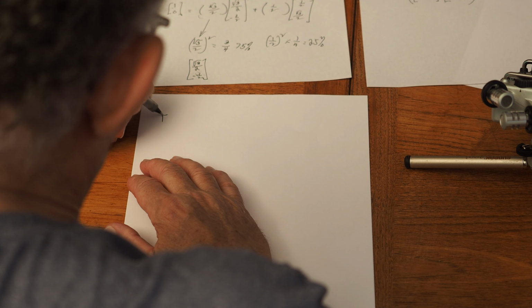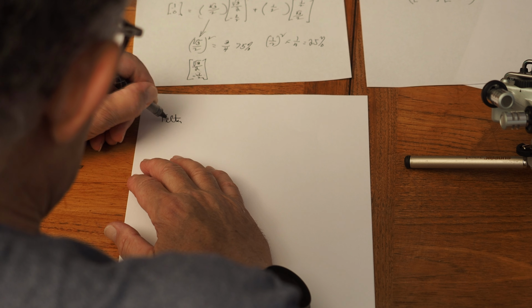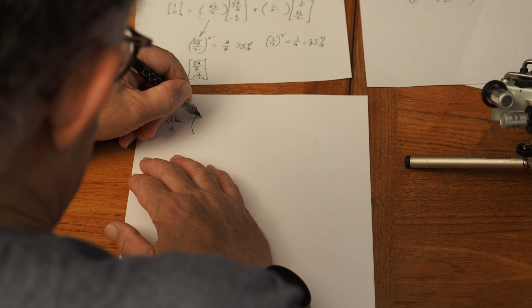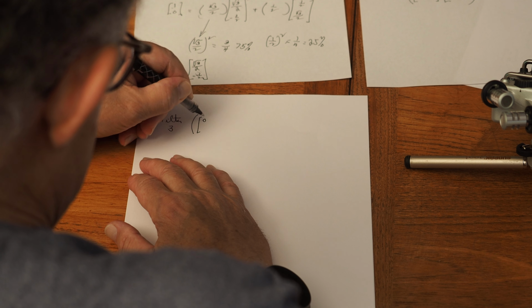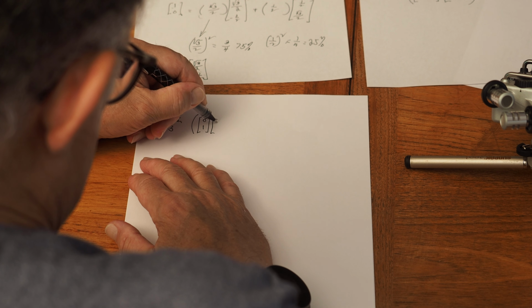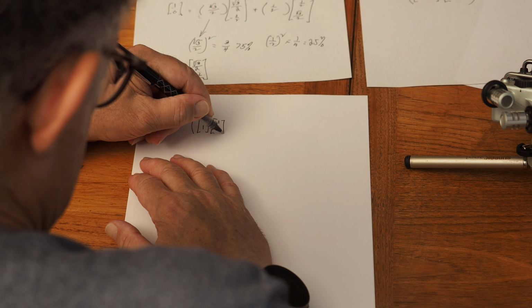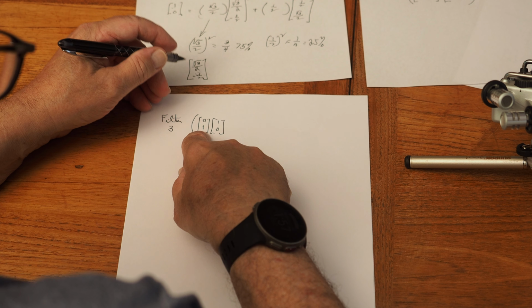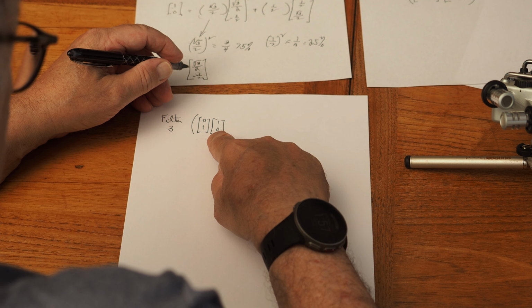So that will be filter 3, and that one will have a couple of vectors that look like this. So it is transmitting horizontal light and absorbing vertical light.